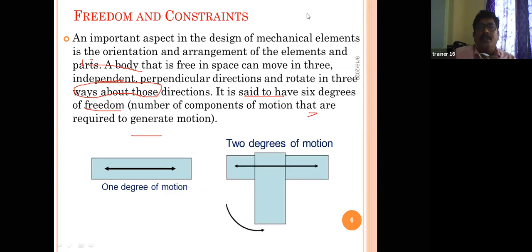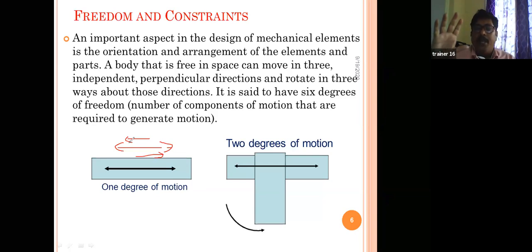If you go to the next one, this is 1 degree of freedom. If any mechanism moves either in this direction or in that direction, from left to right or right to left, that is only one linear motion, which is 1 degree of freedom.